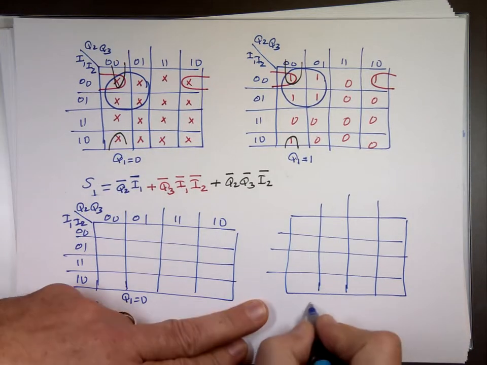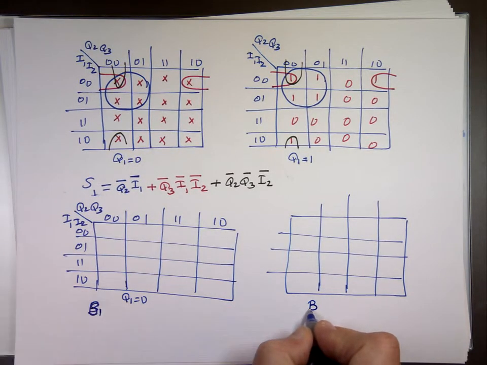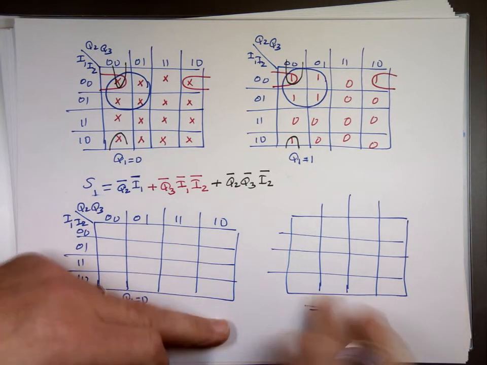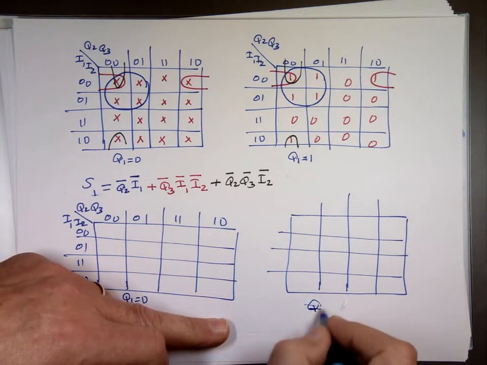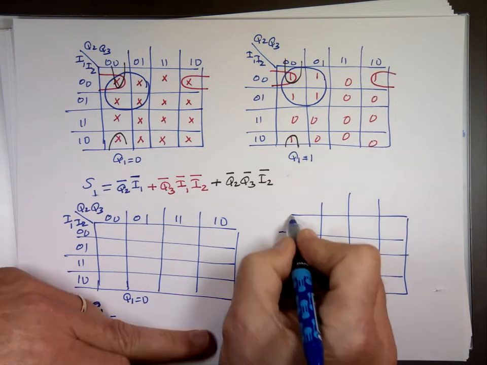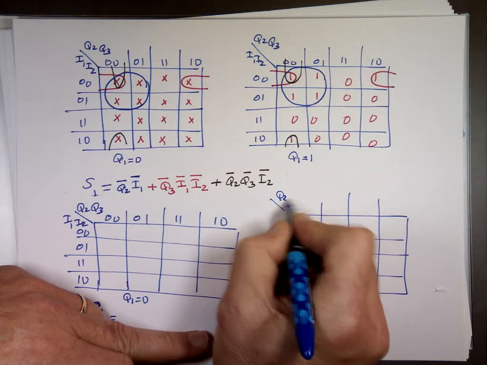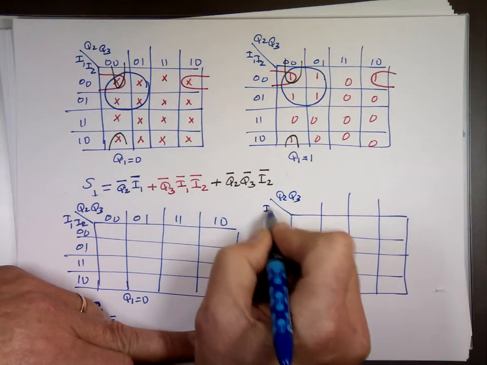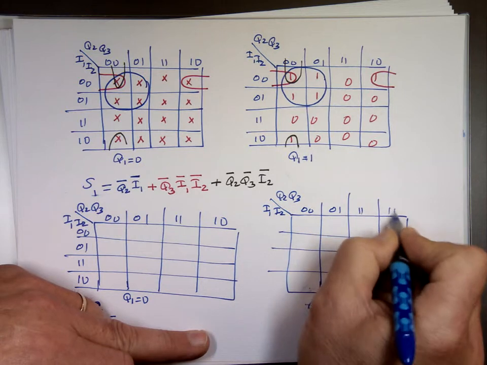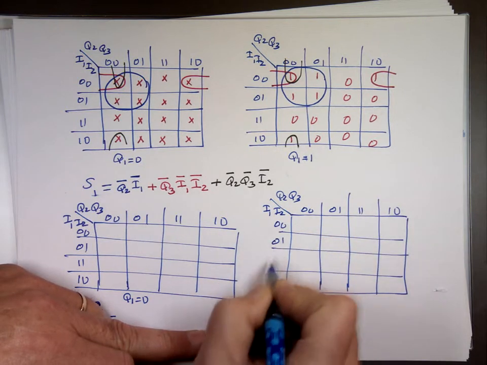I have a plan in my head. Q1 equals 1. Q2, Q3, I1, I2: 0, 0, 0, 1, 1, 1, 1, 0.